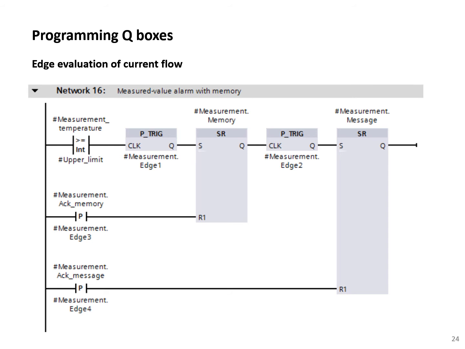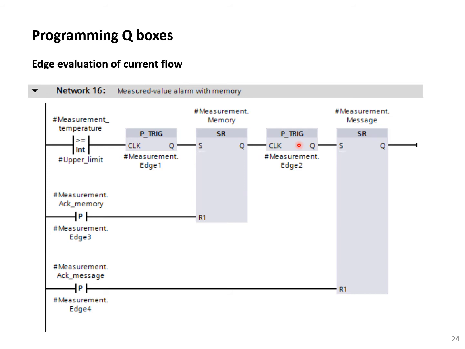Here you have one example of using a P-trigger, plus we have these comparators to compare the temperature with the upper limit. If that happens, then the clock goes from 0 to 1, and momentarily the Q will become true and it will set the SR Q box.